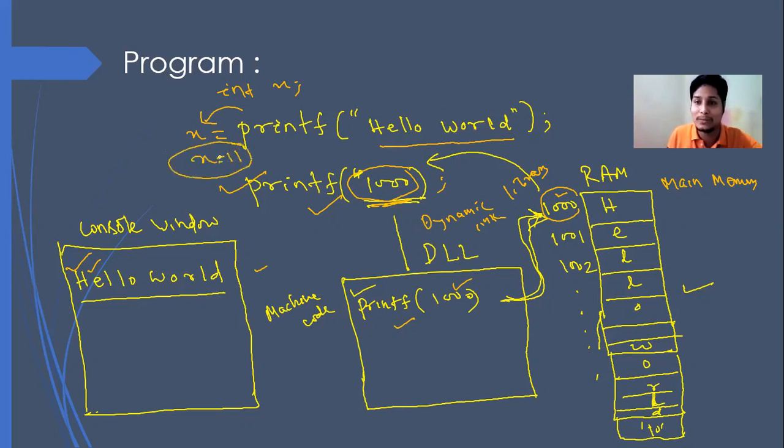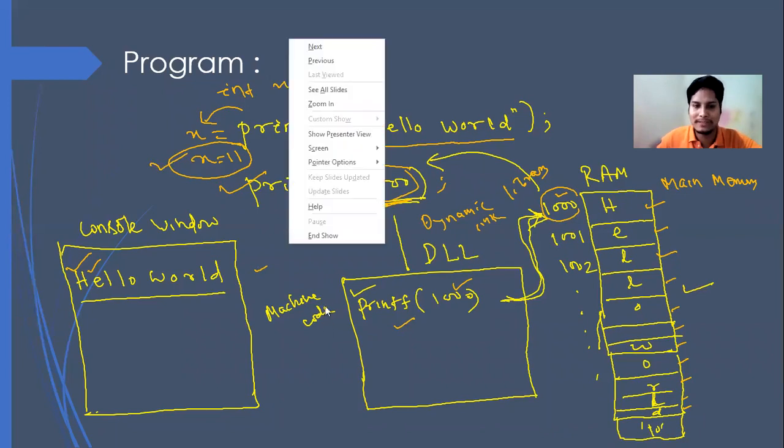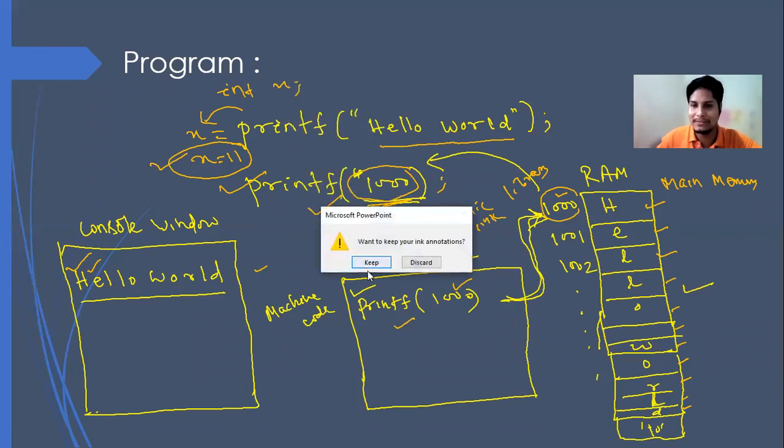How is it counted? From the main memory, count: first, second, third, fourth, fifth, sixth, seventh, eighth, ninth, 10th, 11th. So 11 will be returned from the printf function and assigned to x. Let's run a program and see whether it is 11 or something else.